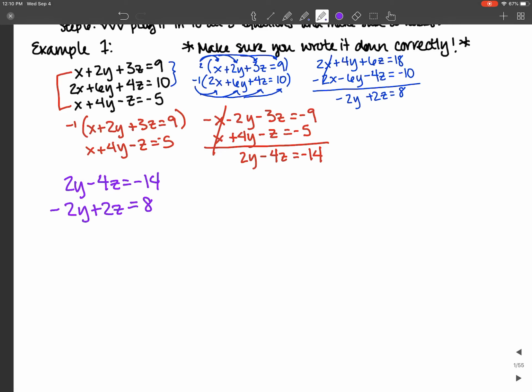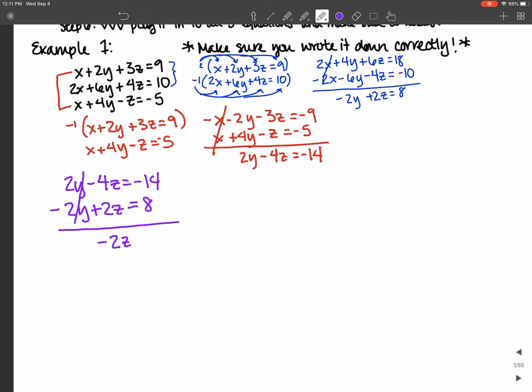My y's cancel out right away. Oh my God, I got super lucky. That's not going to happen every time. So right now, if I'm eliminating y, I actually don't have to multiply by anything, because if I add straight down, those are going to go away.